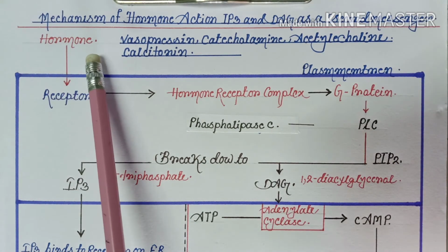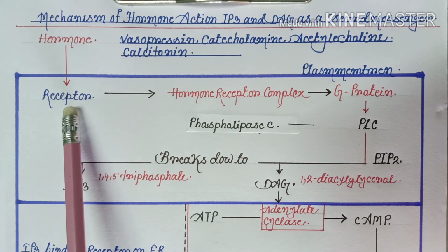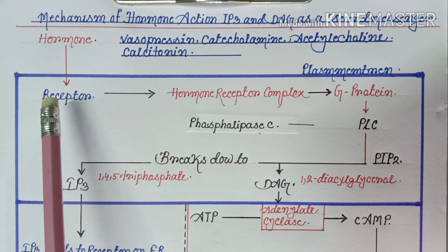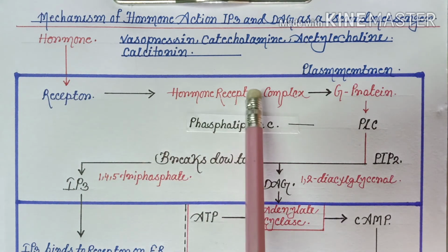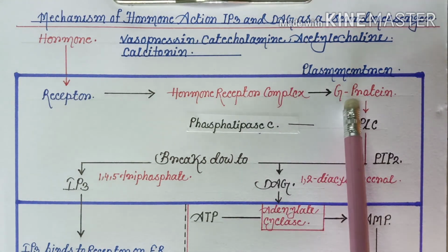At first the hormone comes and forms a bond with the receptor which is present on the surface of the target cell, and when the hormone receptor complex is formed, this helps in the activation of G protein.